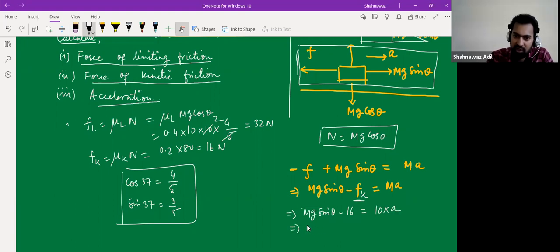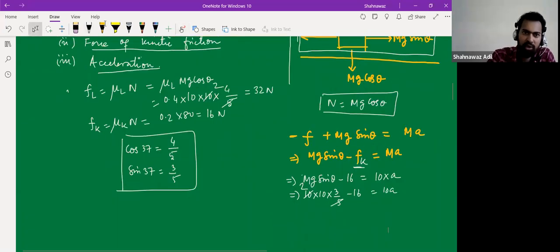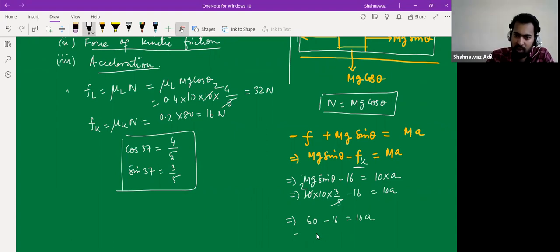So mg, this is 10, and this is 3 by 5, right? So 60 minus 16 is equal to 10A. So this will be 44. 10A. So A is 4.4 meter per second square.